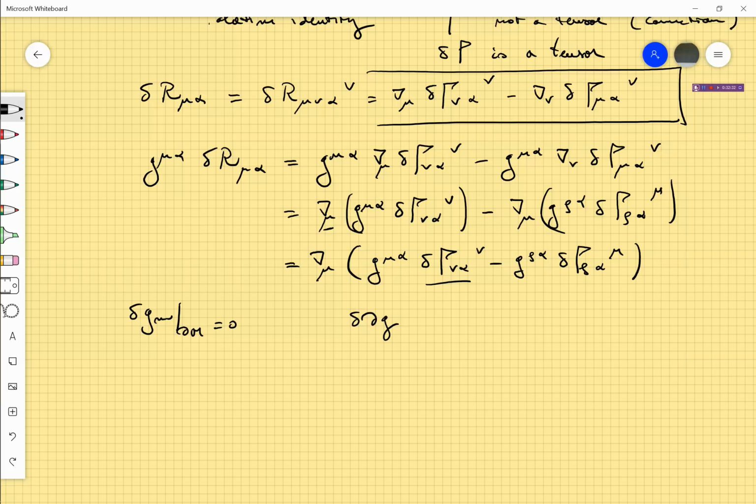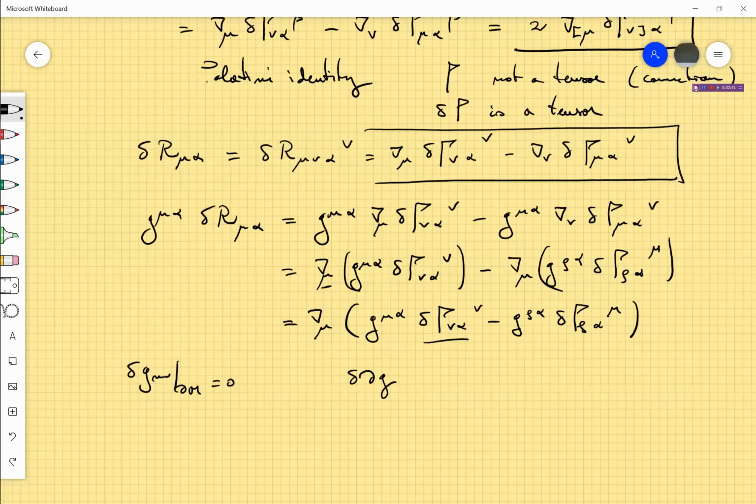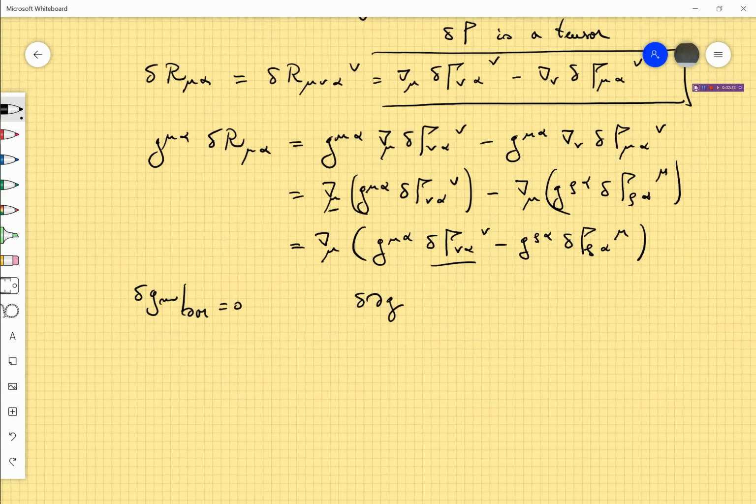What you can do in order to make this variational problem fully consistent, without imposing conditions on the derivatives of the metric on the boundary, is to add to the Einstein-Hilbert action a boundary term which is called the Gibbons-Hawking-York or the York-Gibbons-Hawking term.